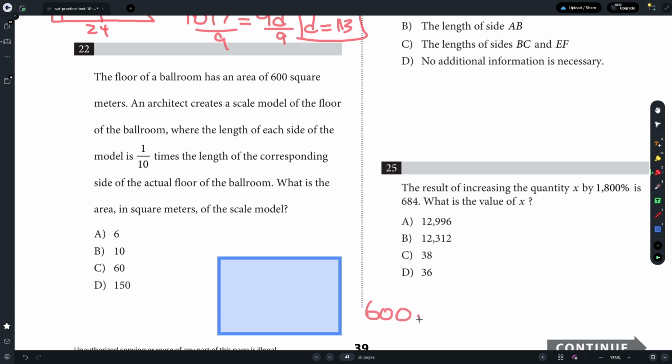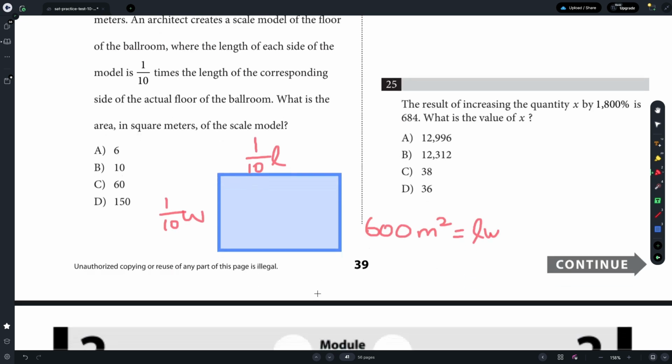It's given that the length of each side of the scale model is 1/10 times the length. So let's say this is length times width. That'd be 1/10, 1/10, because each side is 1/10, right? The scale model is 1/10 of each side. By the way, this 600 square meters is equal to length times width.